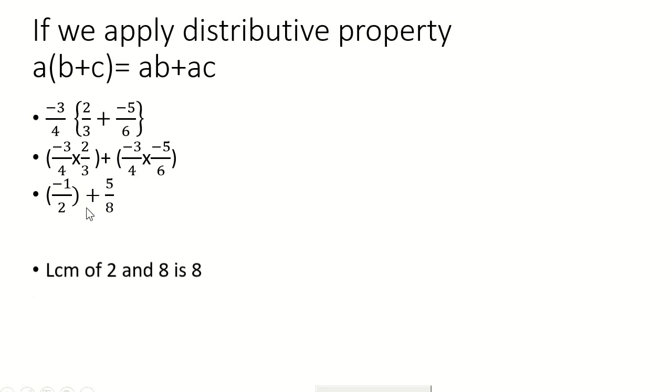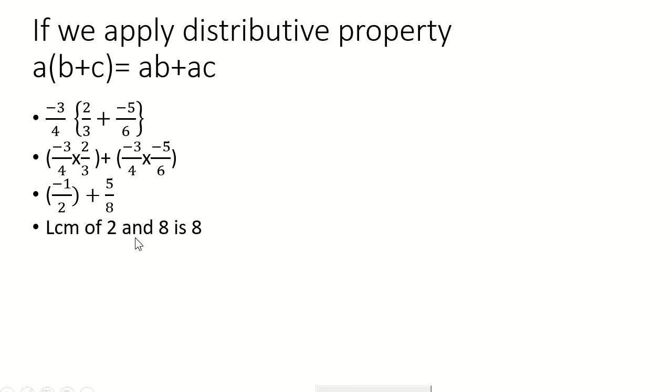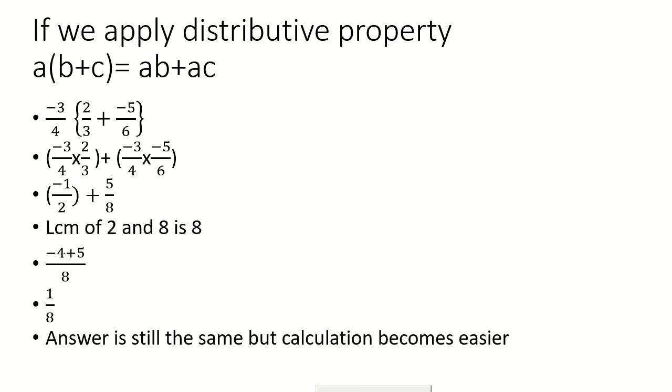Now the LCM of 2 and 8 is 8, so simplifying it we get minus 4 plus 5 whole divided by 8, which solves out to be 1 by 8. Please note that the answer is the same in both the cases, but distributivity somewhere makes our calculation easier. This will become more evident if we go on to the next examples.